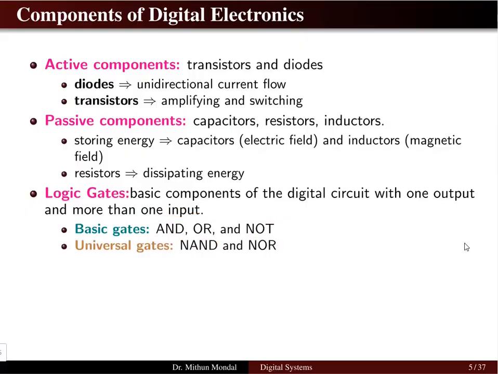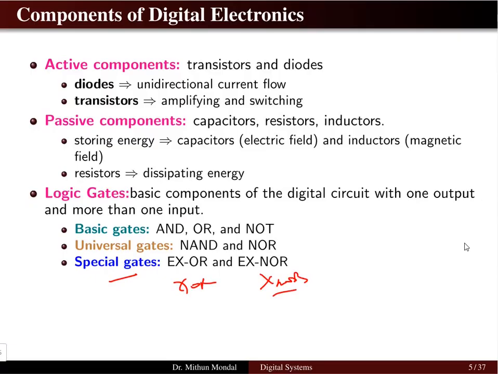The universal gates are the NAND gate and the NOR gate, and some special gates are also there, known as the XOR gates or the XNOR gates. So the logic gates are divided into three types: the basic gates, universal gates and special gates.